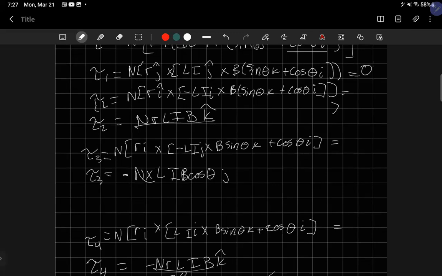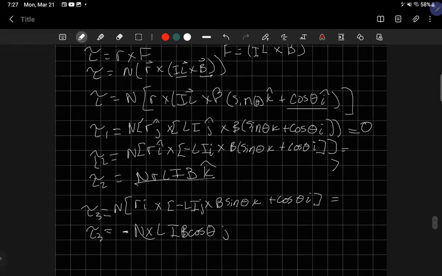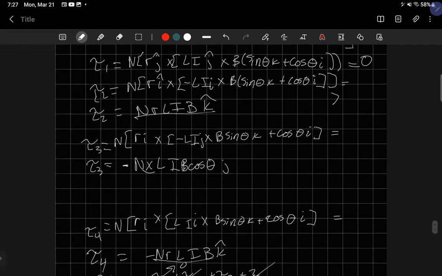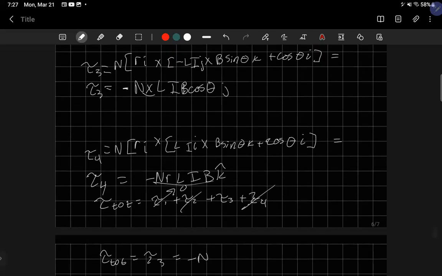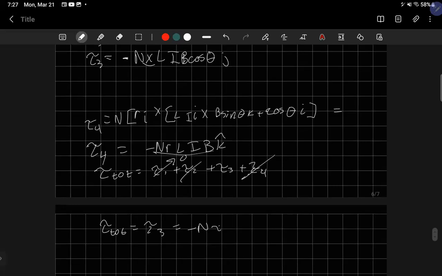I'll drop the negative sign. Wow, okay. So tau should just equal tau 3, which is negative n x l I b.